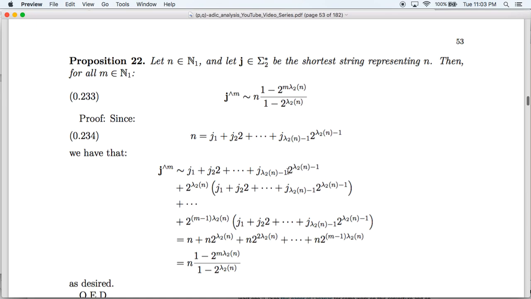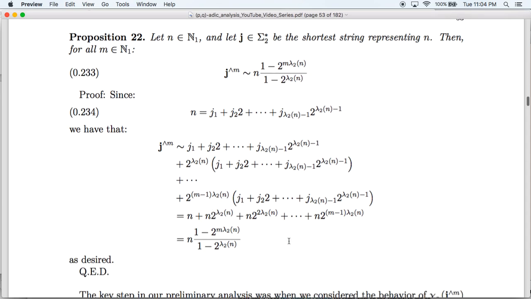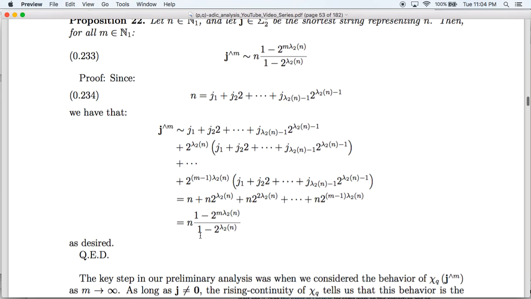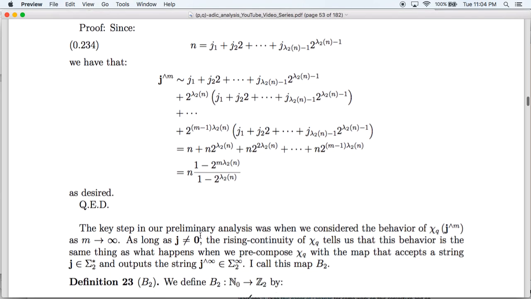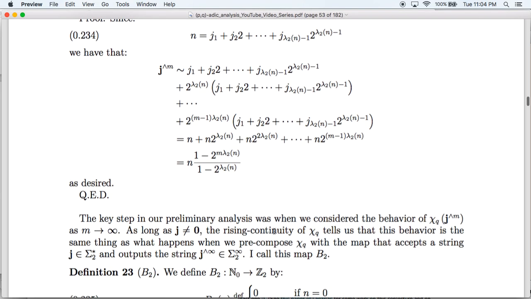Here's the original n, and then the second copy of bold J is going to be shifted by a factor of 2 to the lambda 2 of n. The third copy is going to be shifted by a factor of this squared, etc. And then when we gather it all up, we get n plus n times the first shift plus n times the second shift, and then summing the geometric series gives us the desired result.